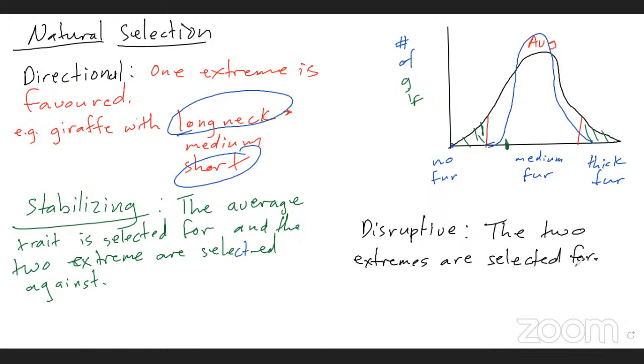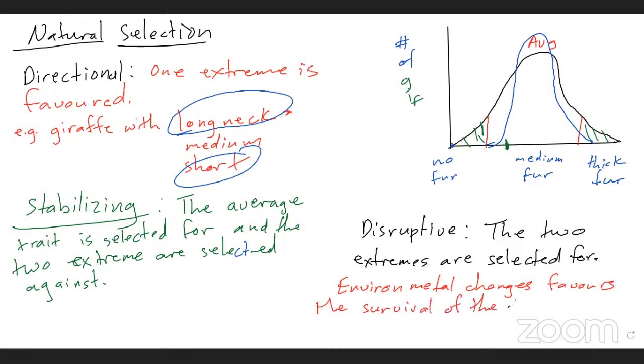By the way, when I put the two extremes are selected for on the exam, don't just put that. You would say the environmental changes favor the survival of the organisms with the two extremes, right?